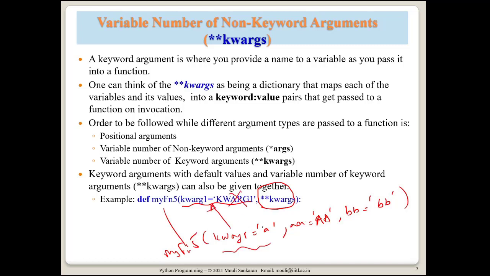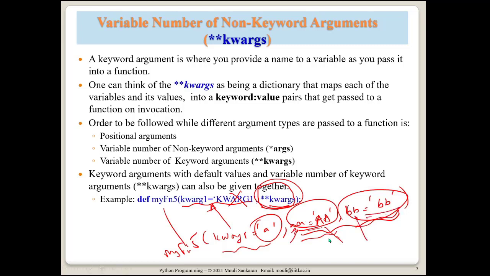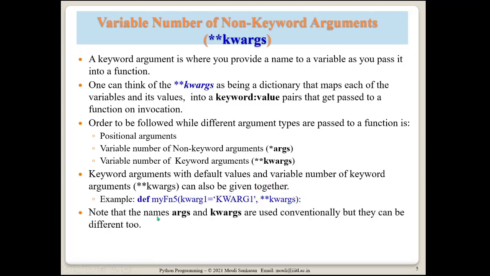So instead of this default value, a will be taken in, and rest of it looks like a keyword argument because there are pairs of label and name value, and they all be grouped together as a dictionary entry. So each of them will be a dictionary entry, and it will go into the function. Then you can extract it out as a key or a value or item. You can extract it and process the parameters that are coming in. So that's how you process it.